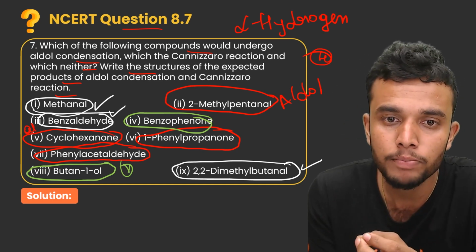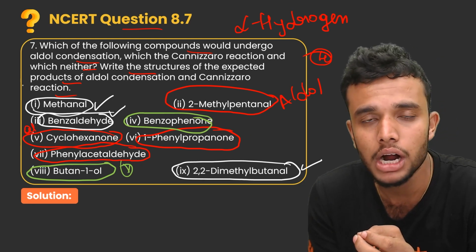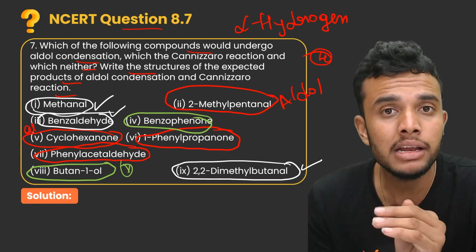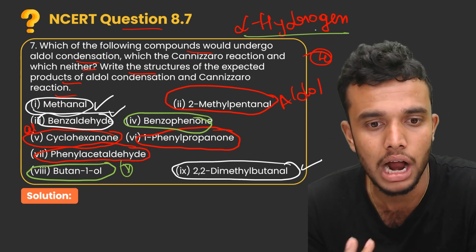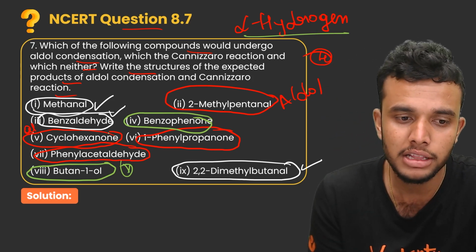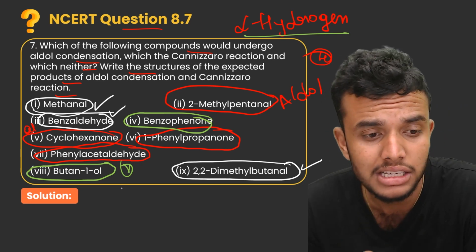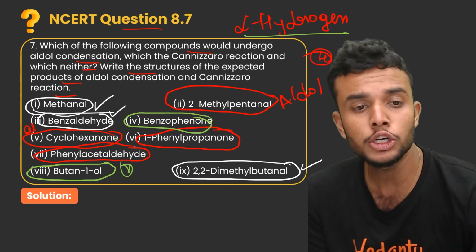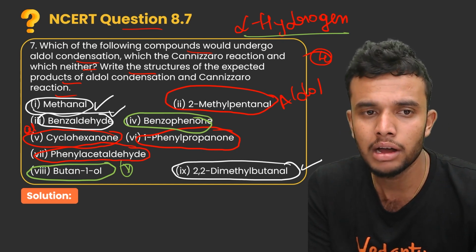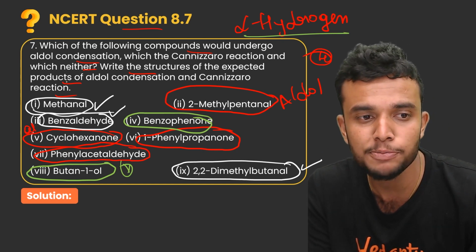And for aldol condensation, the condition is that the compound must contain alpha hydrogen. We already know. That's why these two compounds do not undergo any reaction. The other is nothing but an alcohol. Okay students, understood?